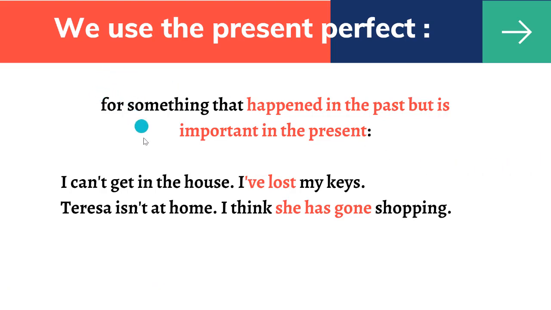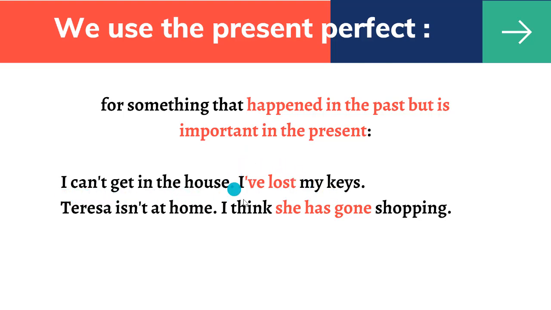We can also use the present perfect for something that happened in the past but is important in the present. I mean, it has an impact in the present. For example, I cannot get into the house. I've lost my keys. So, because this person lost the keys, he or she cannot get into the house.